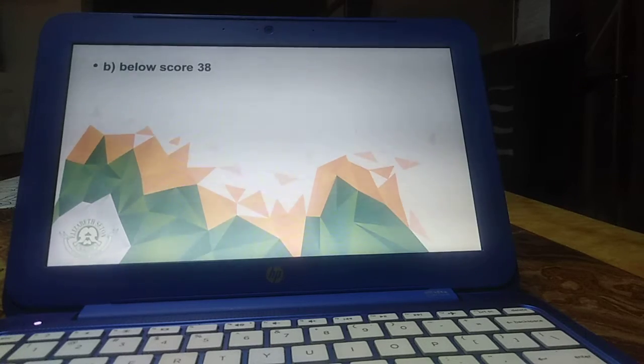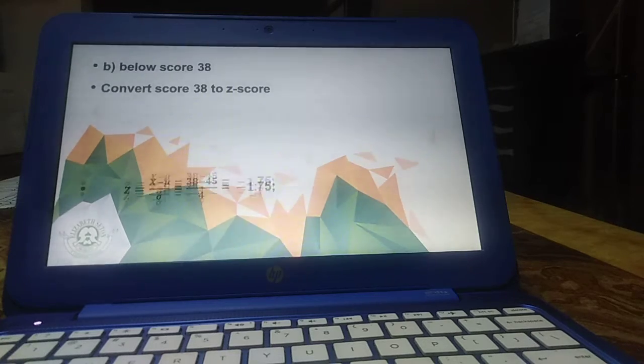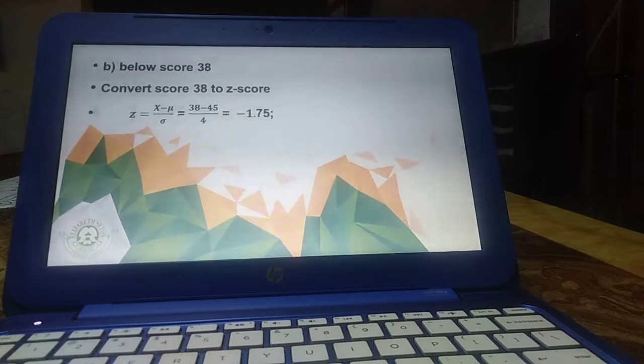For letter B, we are now looking for scores below 38. Our mean is 45 and our standard deviation is 4. So 38 minus 45 all over 4 will give us a z-score of negative 1.75. From the z-table, the area is equal to 0.0401.